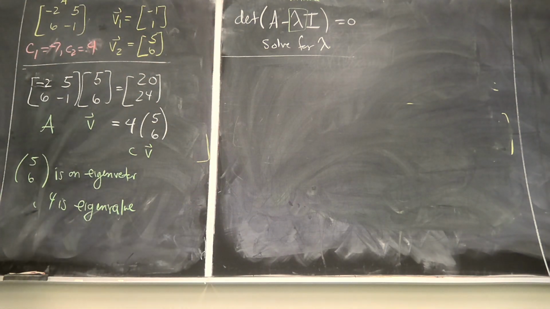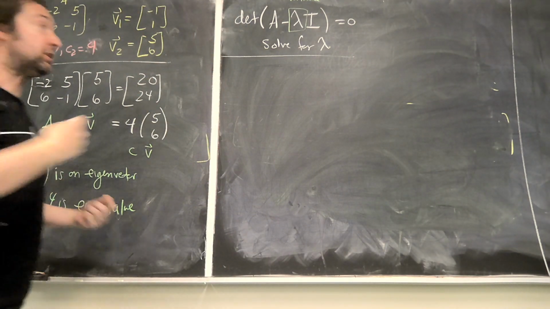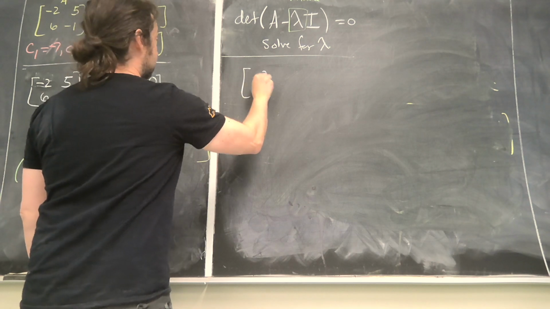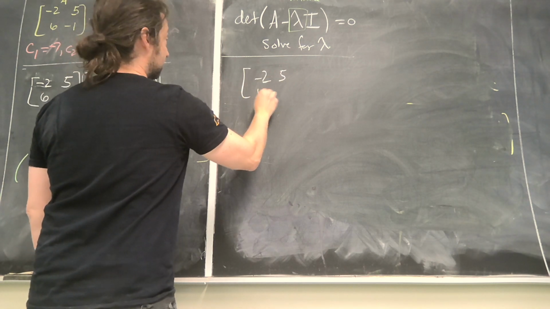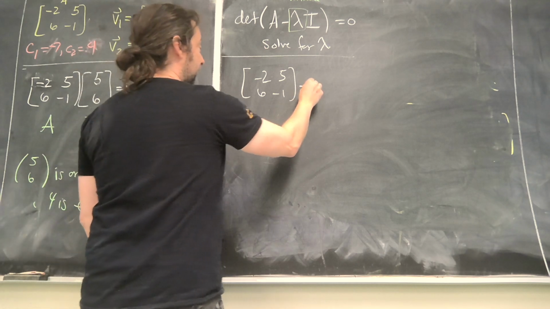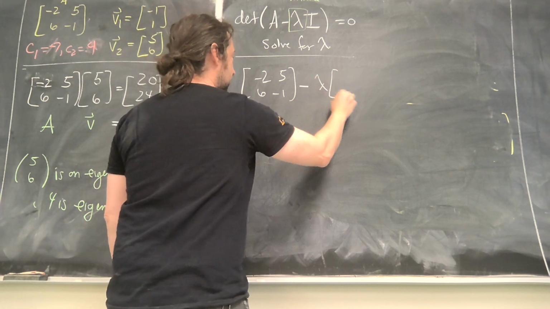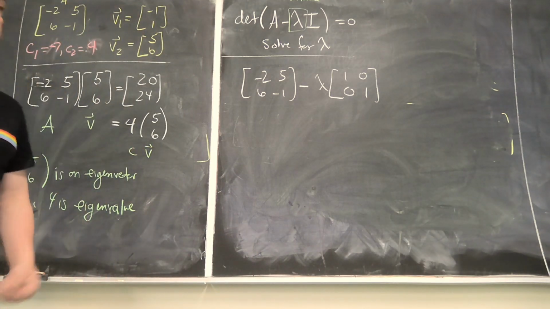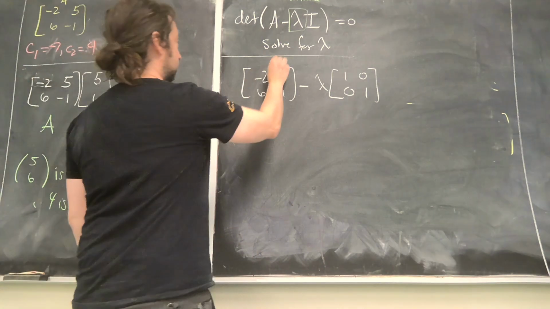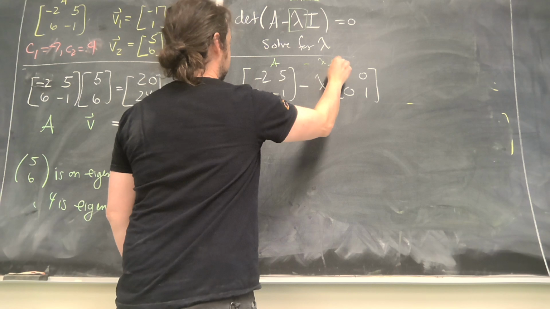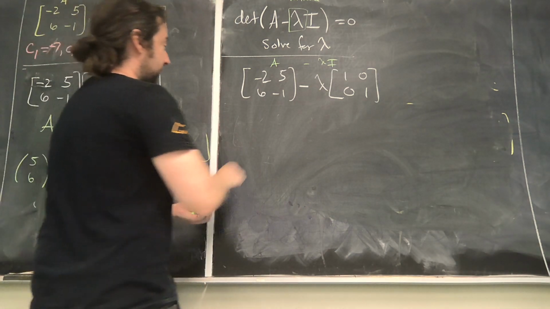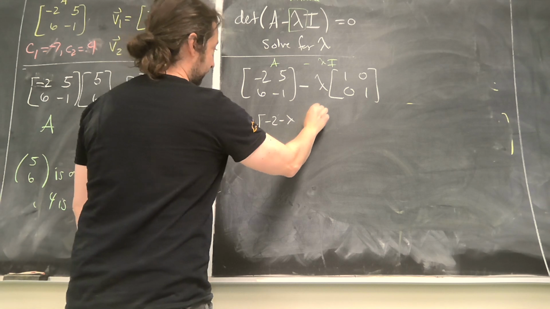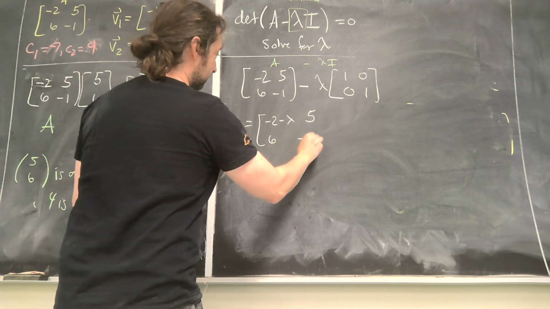But the point today is we're going to look at polynomials. For this particular problem, the matrix A is equal to minus 2, 5, 6, minus 1. If I subtract off lambda times the identity matrix, so this is A minus lambda I, then we get the matrix minus 2 minus lambda, 5, 6, minus 1 minus lambda.